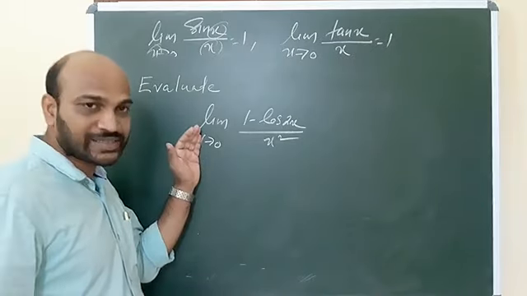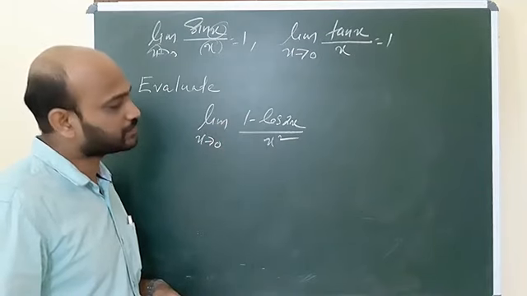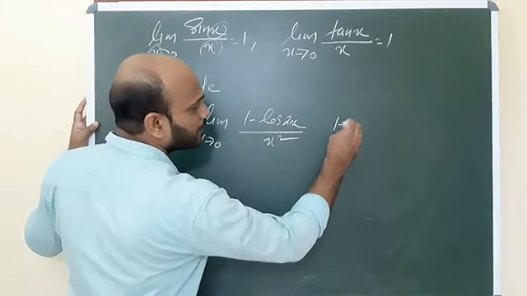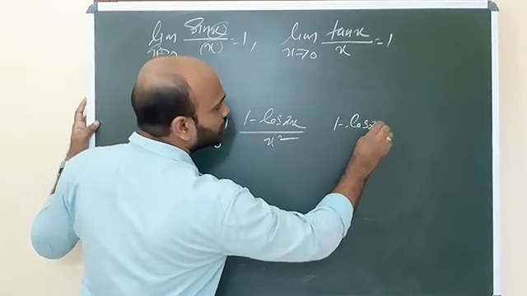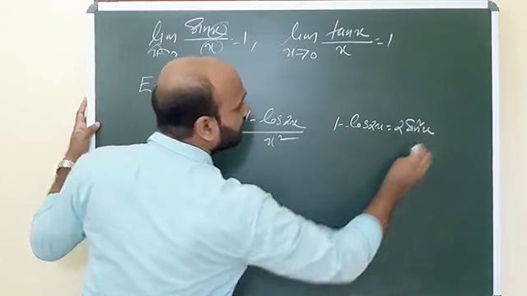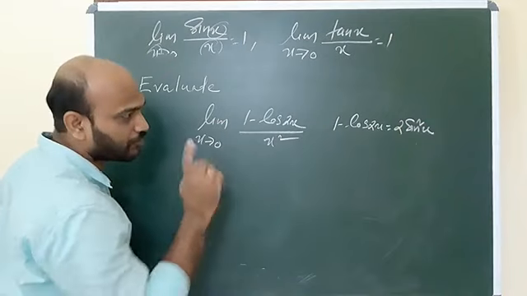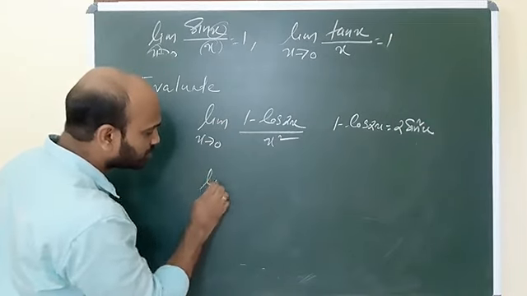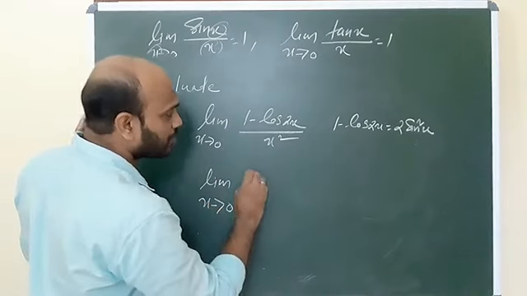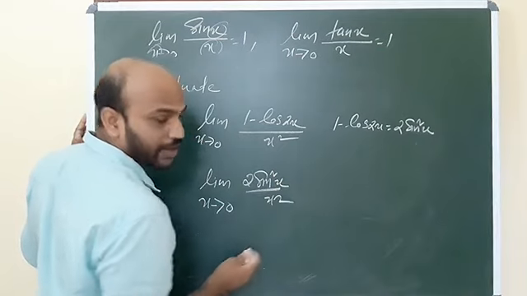Evaluate limit x tends 0, 1 minus cos 2x by x square. Now what is 1 minus cos 2x? 1 minus cos 2x is 2 sin square x. Right. 1 plus cos 2x is 2 cos square x. That formula we apply here. So this question we can rewrite as limit x tends 0, 2 sin square x by x square.